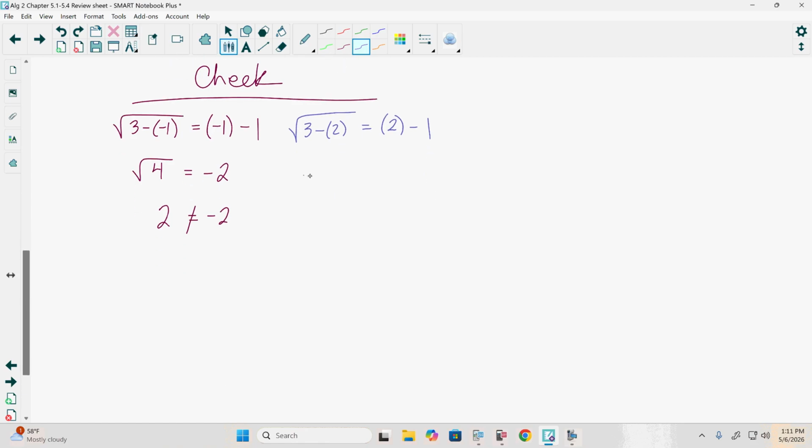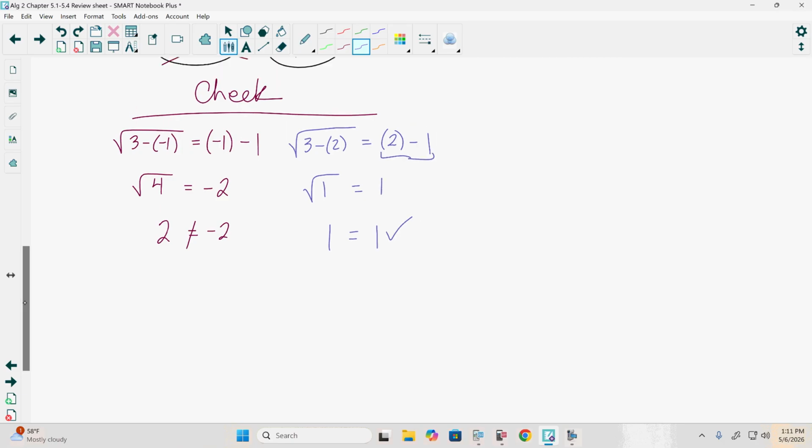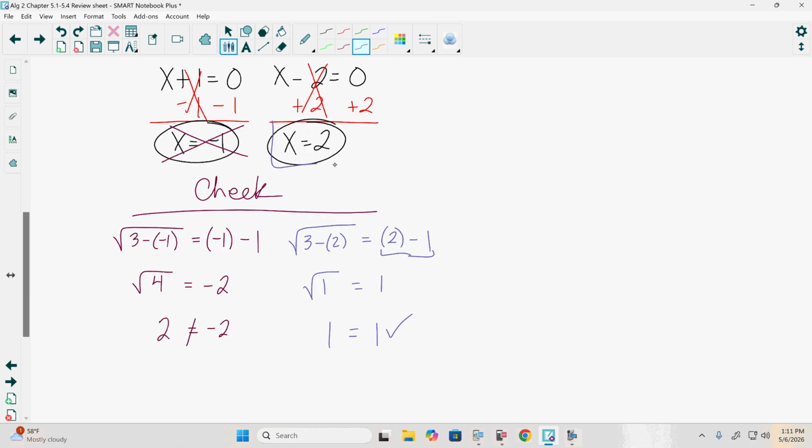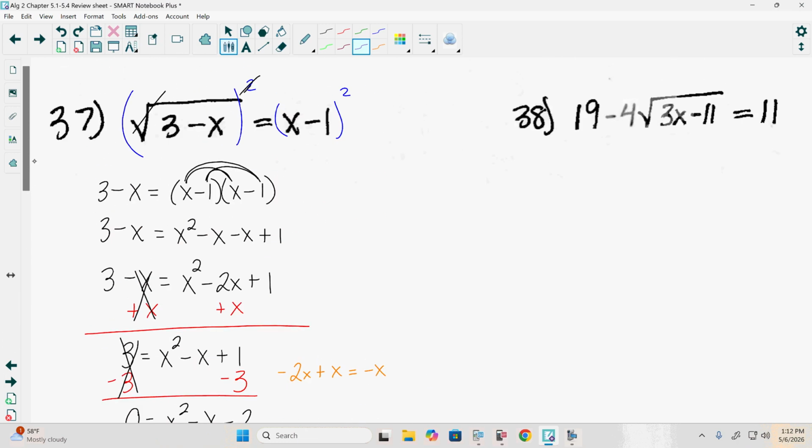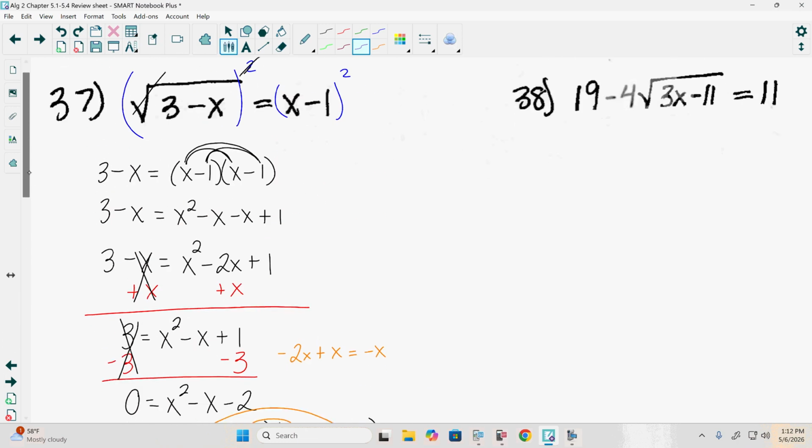Well, 3 minus 2 is going to be 1. Square root of 1 is 1. 2 minus 1 is 1. 1 is indeed equal to 1. So our only solution for this here is x is equal to 2. And on the test, I am going to want the extraneous solution and the actual solution. I'm going to want both.